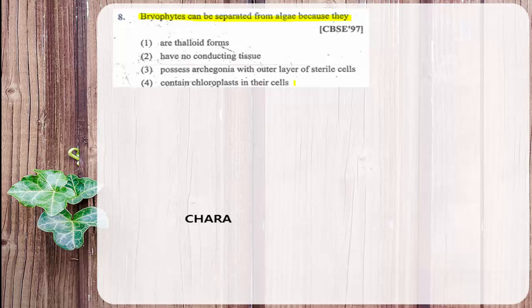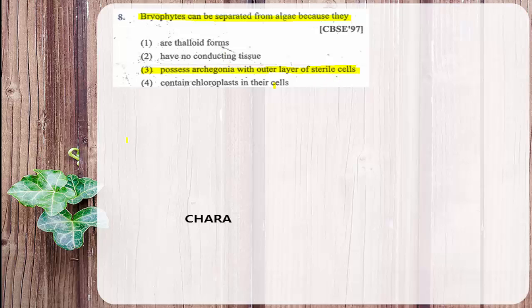Contain chloroplast in their cells. The first, second and fourth options give similarities between bryophytes and algae. So the difference between bryophytes and algae is that bryophytes possess archegonia, and their reproductive structures have sterile cells.